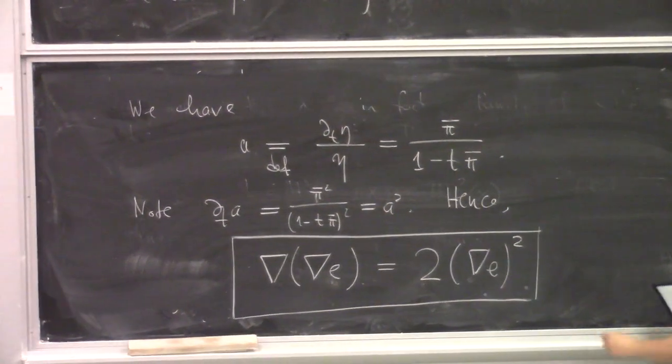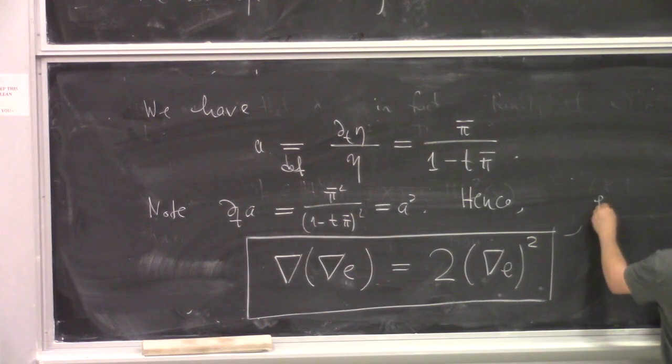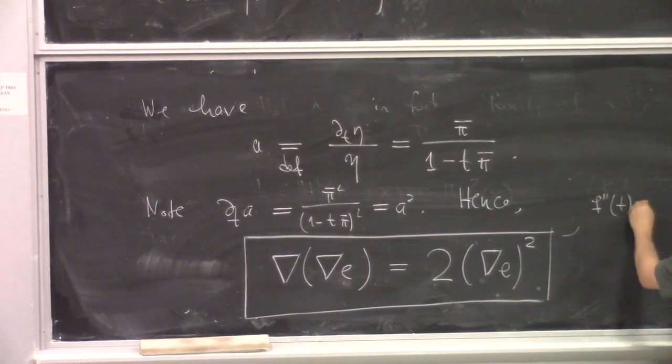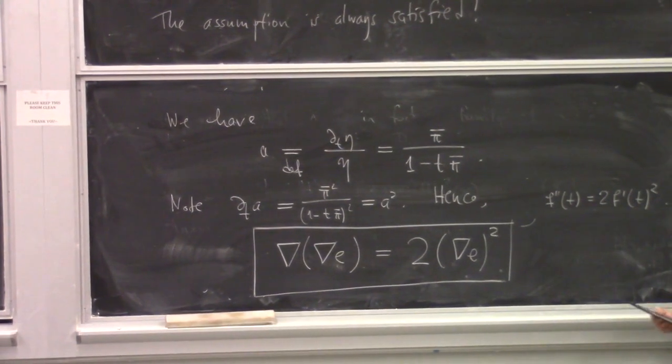Okay? So this differential equation, which you should think of as something like this, f prime of t is 2 f prime of t squared. That's the second order ODE.